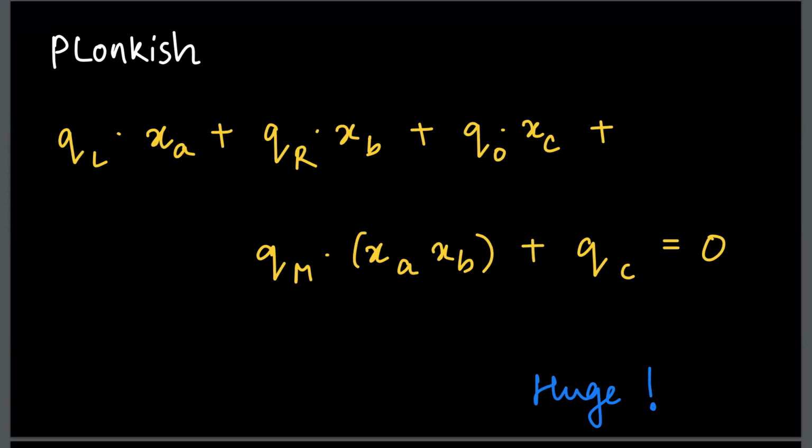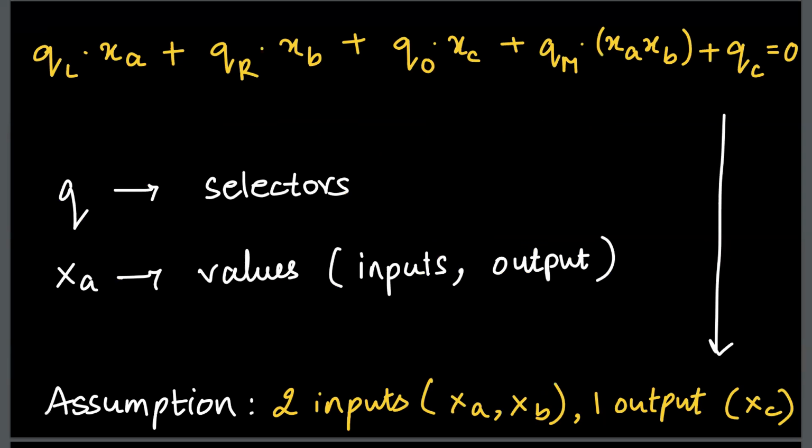Enter plonkish arithmetization. So this is an equation. At first, it looks scary and you can't even read it. But once you get a hold of it, this is really awesome, and you can do great customization with this equation. The equation on screen is the bare bones of plonkish arithmetization. You would see a lot of Qs: QL, QR, QO, QM, QC.